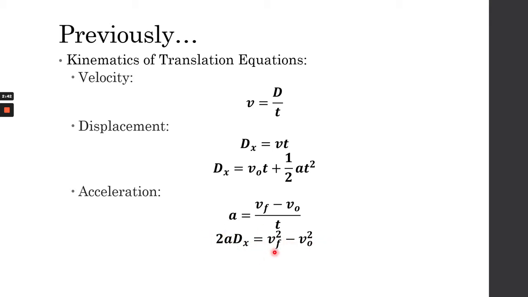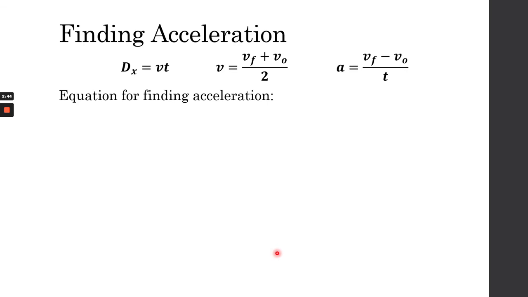This last equation. We know that displacement is basically velocity multiplied by time, and that the average velocity is basically when you average the initial velocity and the final velocity. By adding those two velocities together and dividing by 2, we'll get the average velocity.